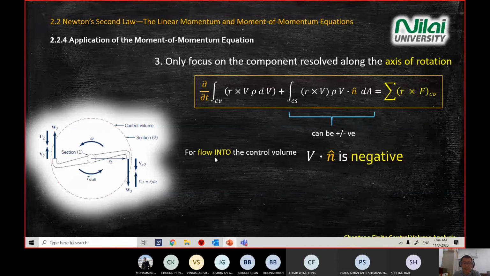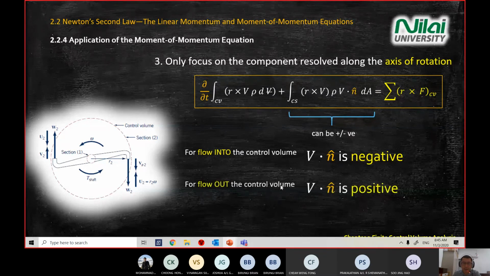When our flow goes into our control volume, then we have negative. Out, then we have a positive because of the n component. Just make a side note, v dot n hat. So when your flow goes into a control volume, you get negative. When your flow goes out, you get positive.